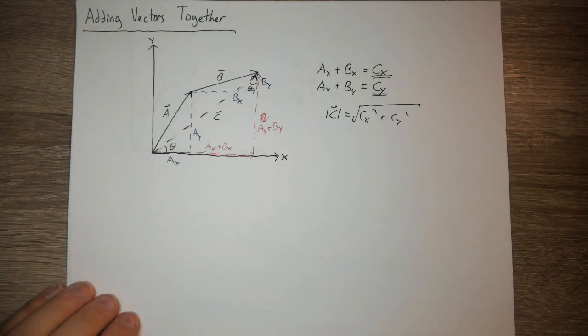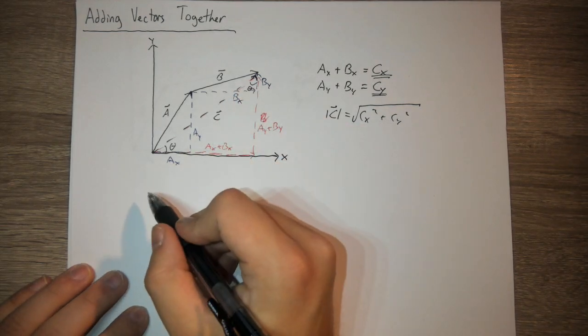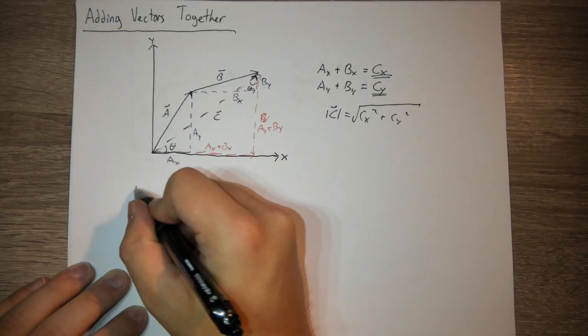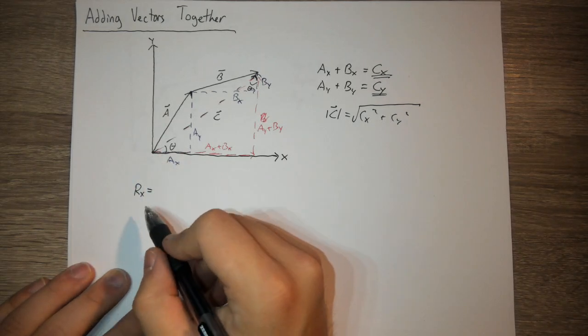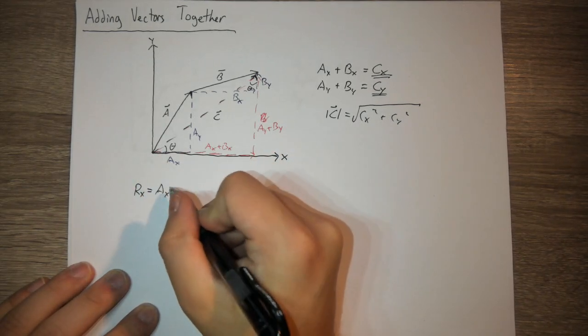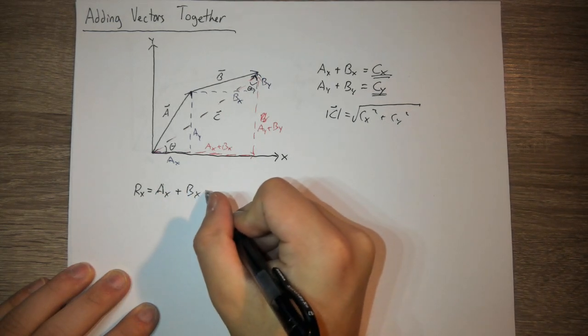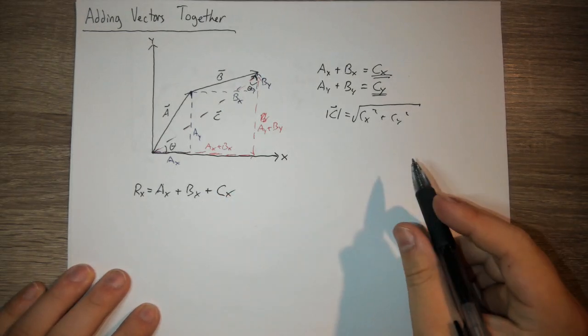Now, let's say you had more than two vectors. Say you had three vectors. I won't draw them out, but if you had three vectors, we'll call your resultant vector r in this case. Your r component would just be the first vector's x component plus the second vector's x component, and the third vector's x component.